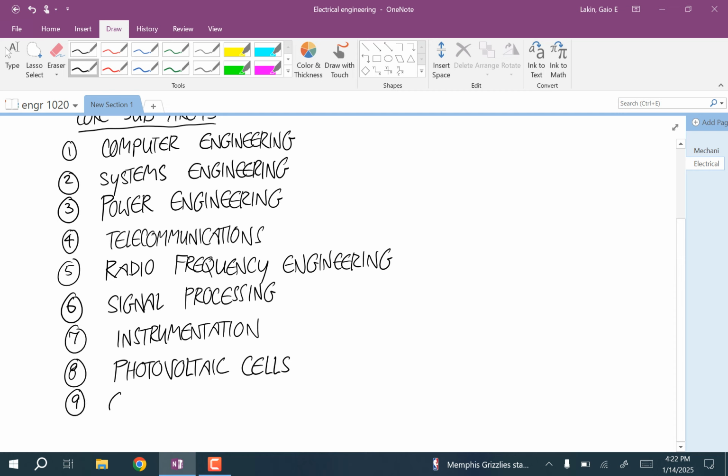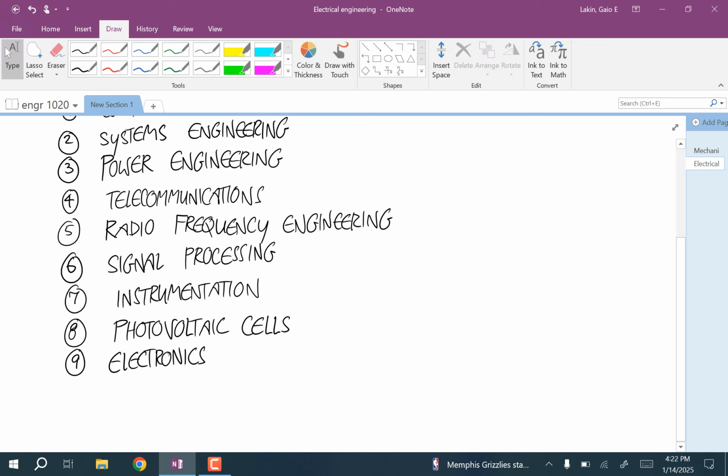Ninth is electronics. Unlike electric power, electronics is using electricity for signals. And tenth and last is optics and photonics.